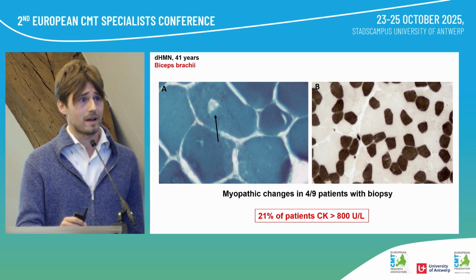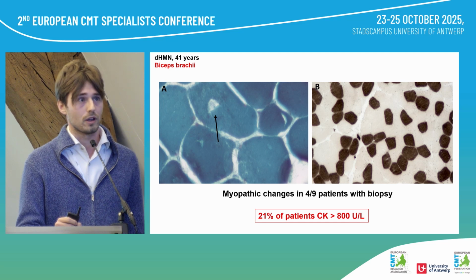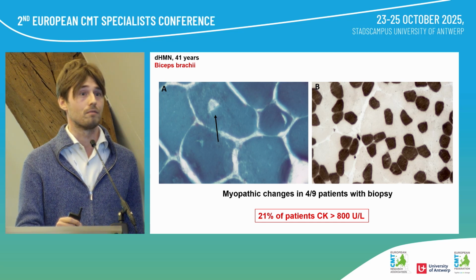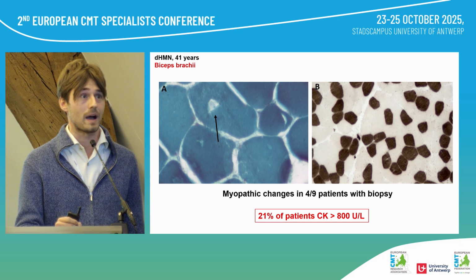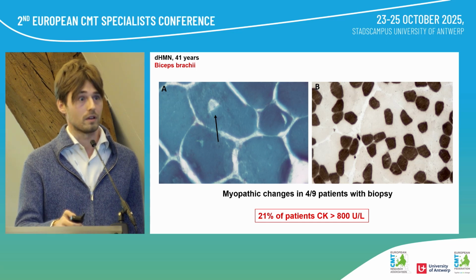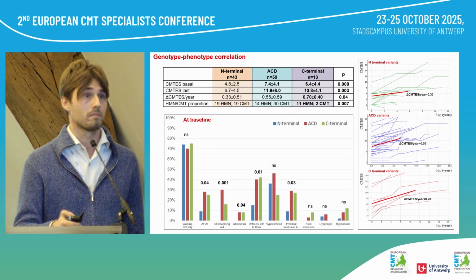The muscle biopsy revealed the presence of vacuoles with aggregates inside that we know from previous studies with electron microscopy to be myofibrillar aggregates. On the right, you can see an ATPase staining showing that there is no grouping of fibers, so there is no neurogenic involvement in this muscle. Around half of patients who perform muscle biopsy have this mild vacuolar myopathy with aggregates.